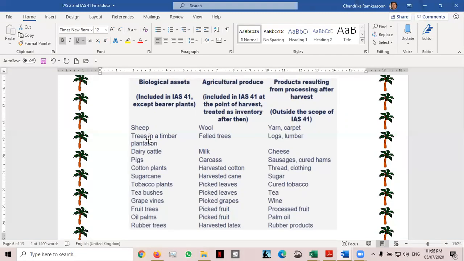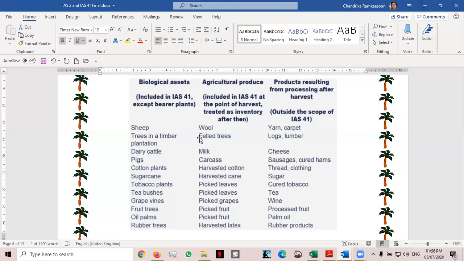So the tree itself is a biological asset. The tree is grown not to produce anything, but for its own value as wood, logs, and lumber and so forth. Now, in a similar way, the pig is reared for itself, its meat then.